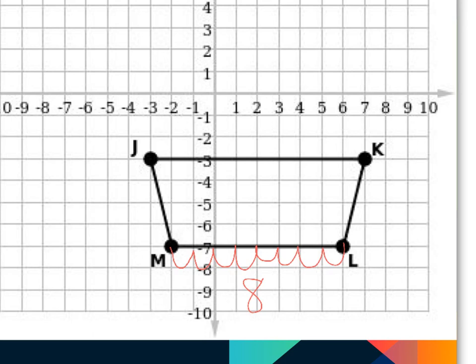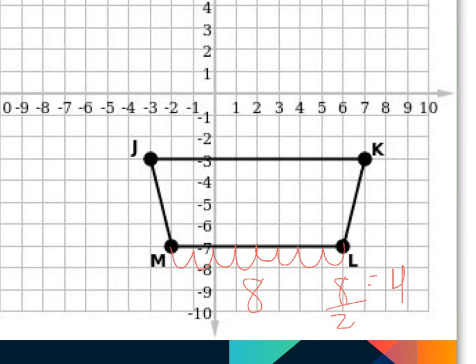So notice here I zoomed in and I found the length of side ML. It's 8 units long. So I know the axis of symmetry passes through the midpoint. And so that's going to be 4 units in. It's going to split ML into 2 segments that are 4 units long, right? Because 8 divided by 2 is 4. Now that doesn't mean that our axis of symmetry is x equals 4.